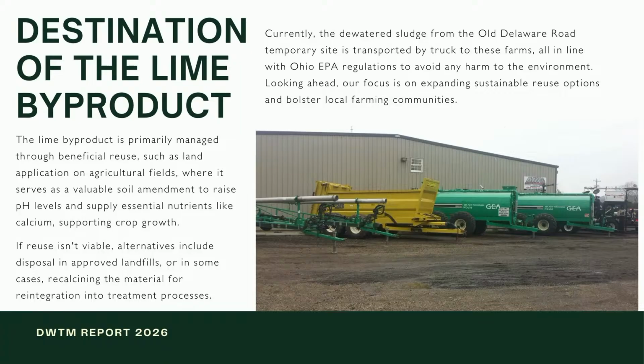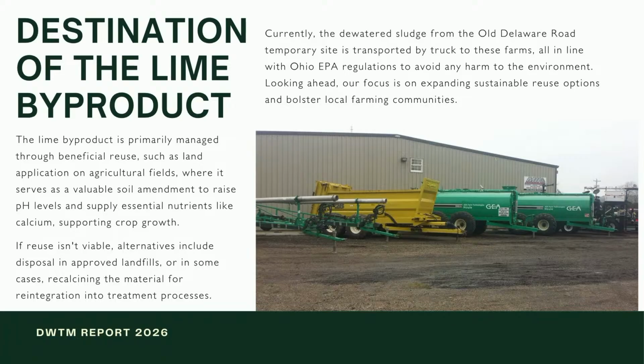So what happens to that lime byproduct? The lime byproduct is primarily managed through beneficial reuse, such as land application on agricultural fields, where it serves as a valuable soil amendment to raise pH levels and supply essential nutrients like calcium, supporting crop growth.